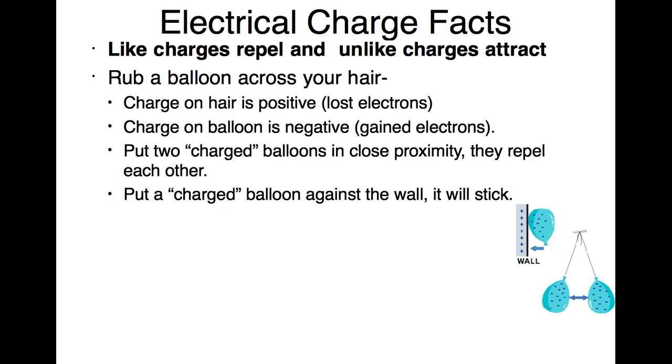So when you put two charged balloons in close proximity, they repel each other because they both have negatively charged particles. And when you put a charged balloon, which has the negative electrons, up against a wall which is positively charged, it will stick to that wall.